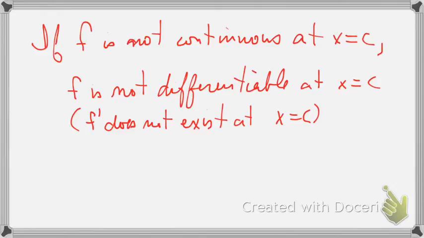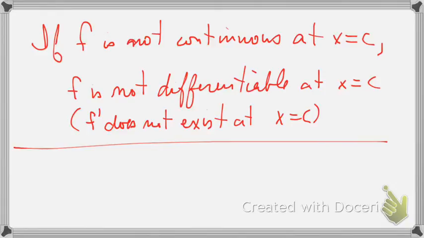The contrapositive of an if-then statement is when you flip the statement and negate it. And in logic, both have the same truth value. So if I make a true statement, the contrapositive will also be a true statement.